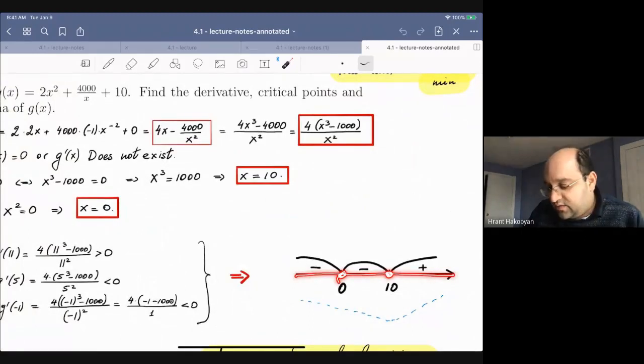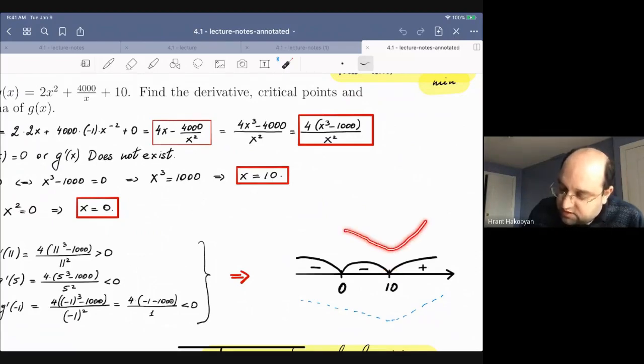And then I can pick numbers again, and it turns out that the function has derivative that's positive here, negative there. So that means this one here is a local minimum because the function is decreasing then increasing. And then here it doesn't have anything because it's decreasing and decreasing.